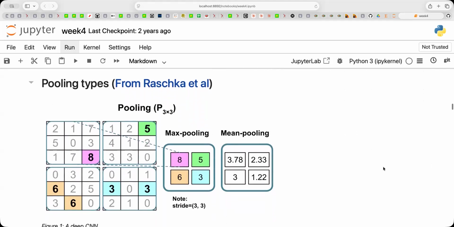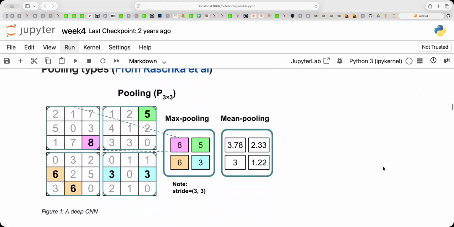This image tells you a little bit about how pooling functions. Think that you have an image which has these different values, and each one is subdivided in small blocks. You can define how big these blocks are, so that becomes a hyperparameter. Then you can choose between max pooling and mean pooling.